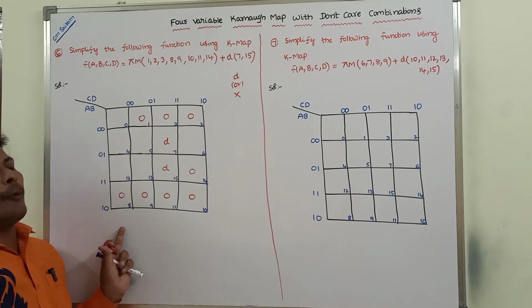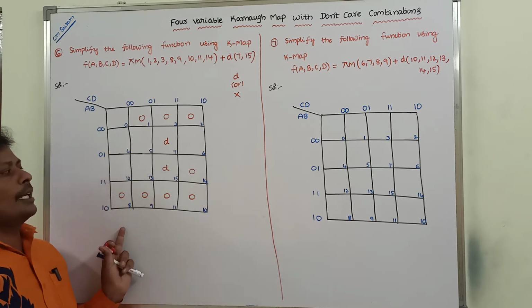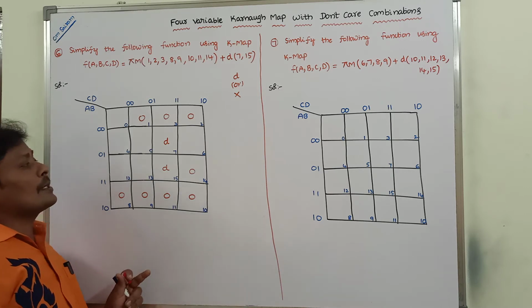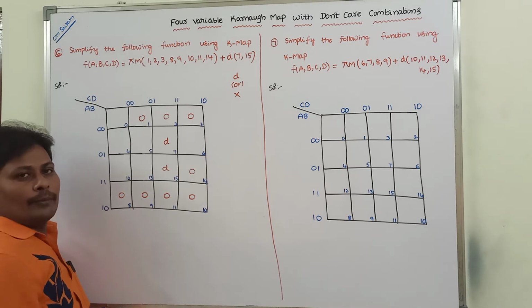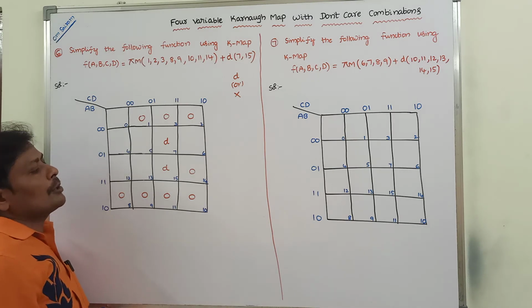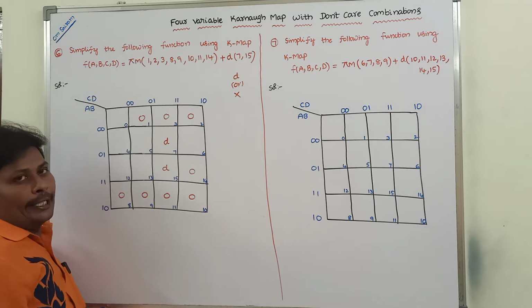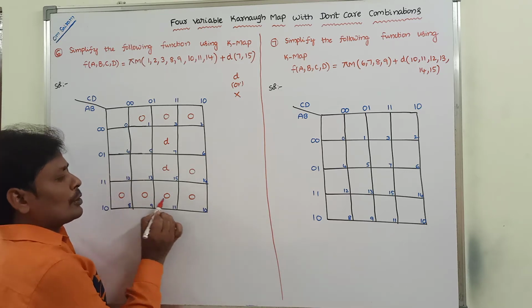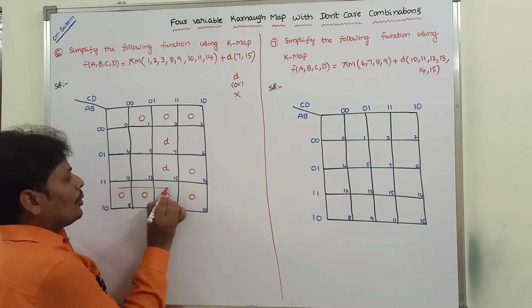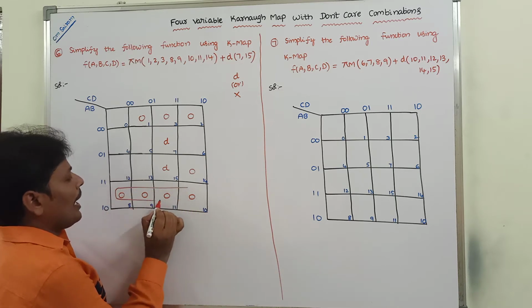No, because 8 adjacent zeros, or a combination of zeros and don't cares in 8 adjacent cells, are not there. Next we have to check for quad. Here the first 4 zeros are there. These 4 zeros can be formed as a quad.